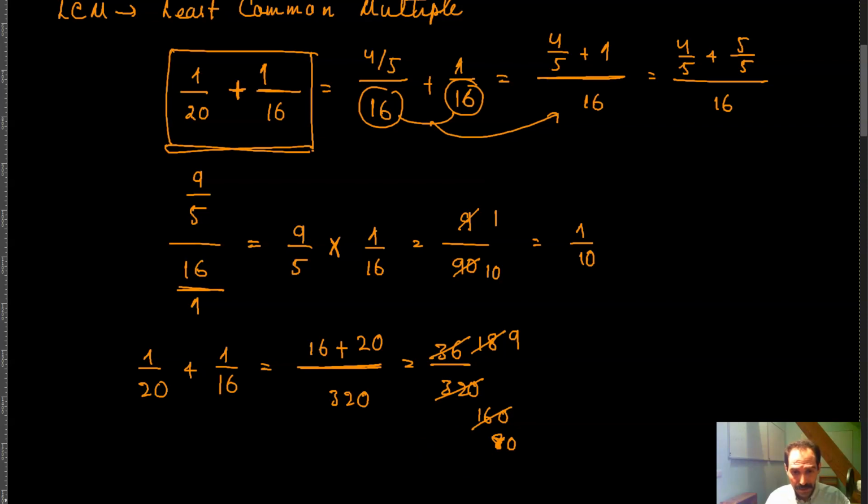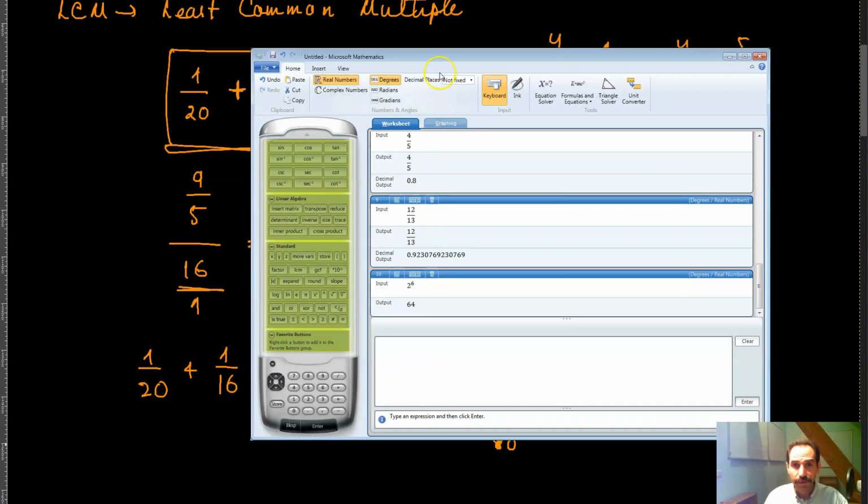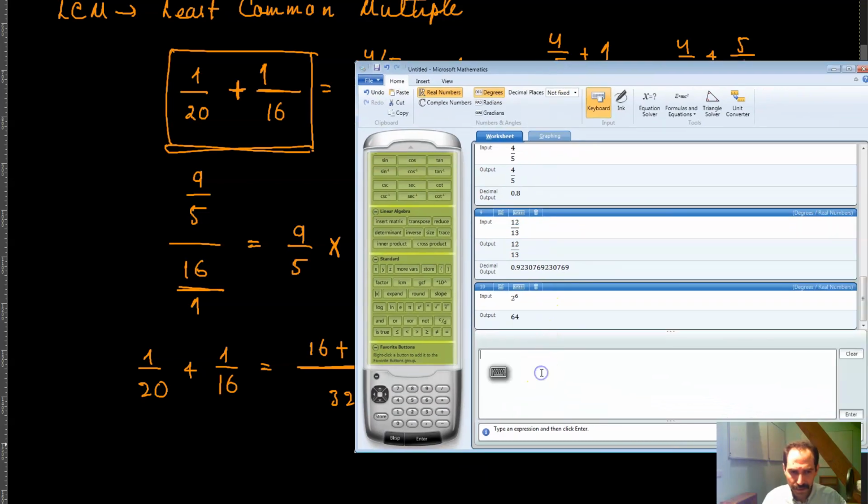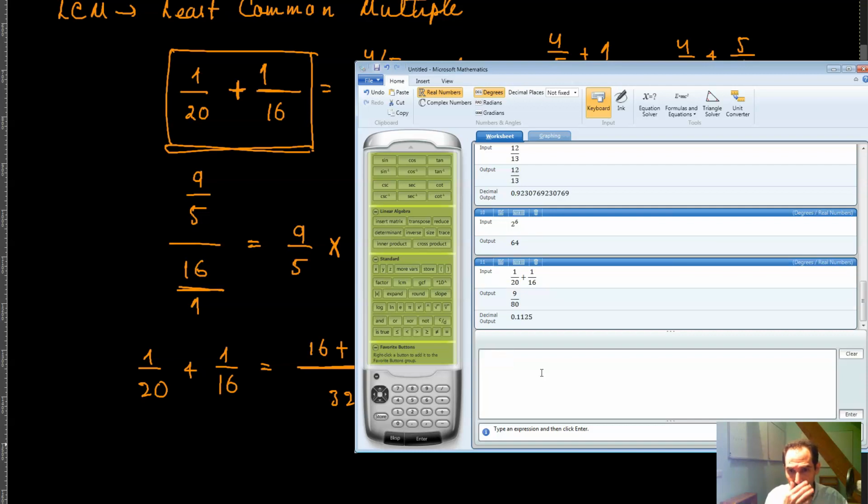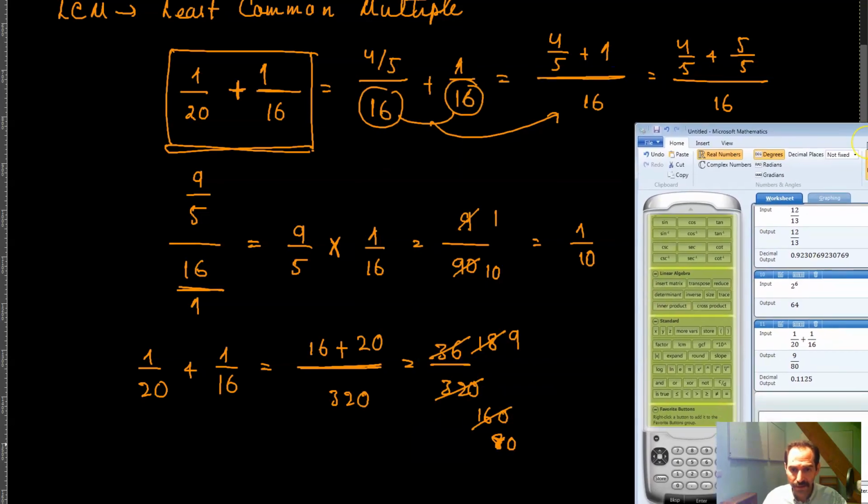Let me use my calculator here to see what is 1/20 plus 1/16. 1/20 plus 1/16 is the same thing as 9/80. That is correct, but there must be something wrong here. 50, yeah, that's 80 actually.